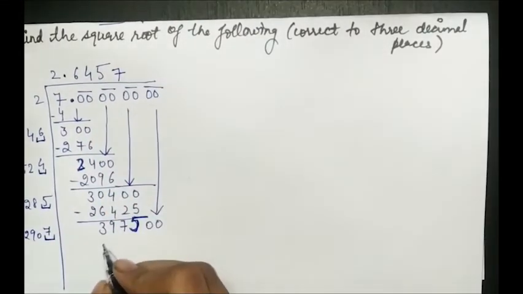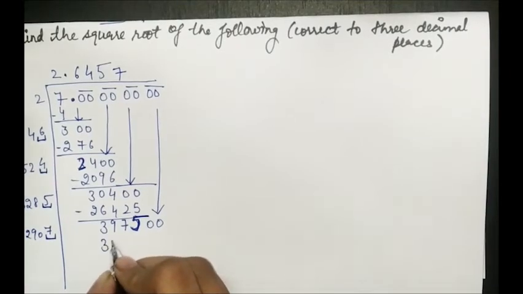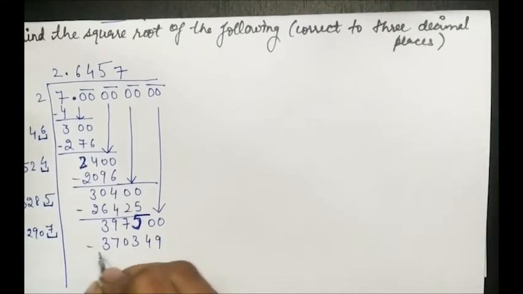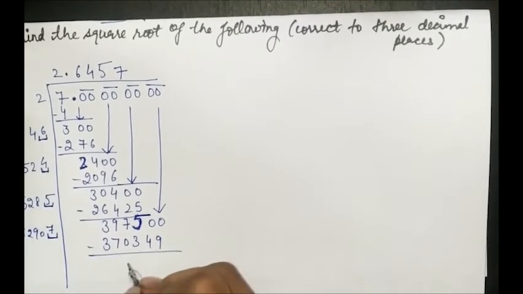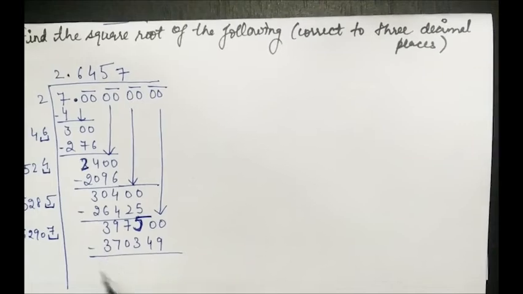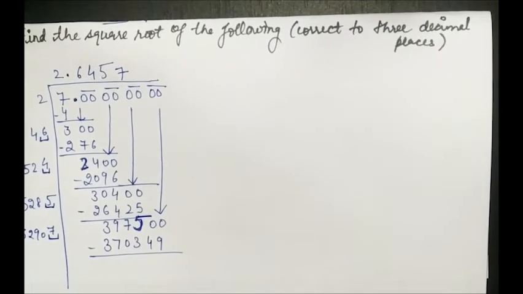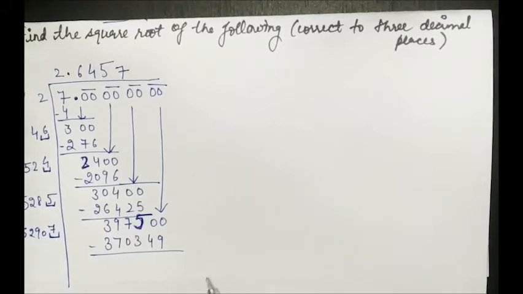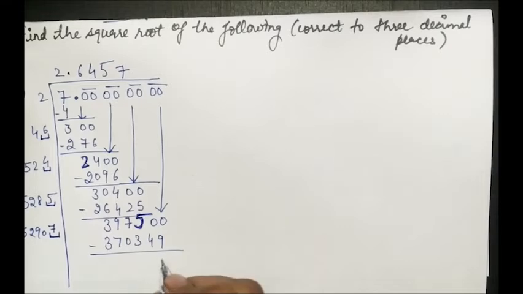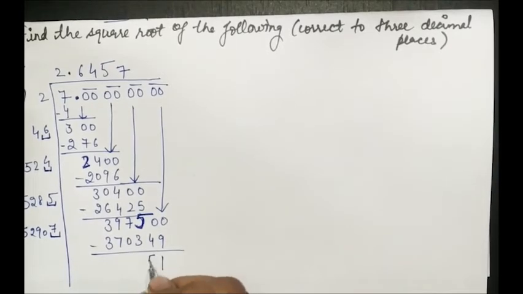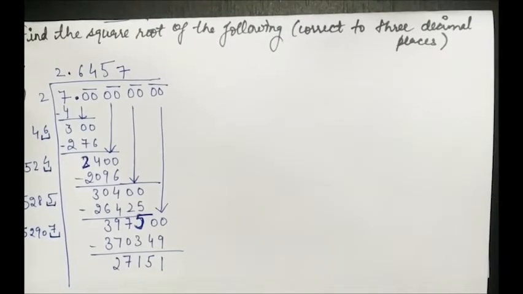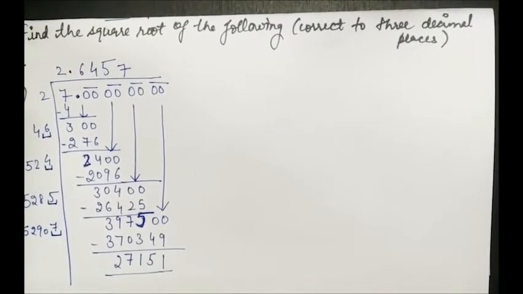So 7 means 37 and 0, 3, 4, 9. This is coming by multiplying. You can do it on your own by multiplying; I am writing it here so that the video will not go so long. So the answer will be 1, 5, 1, 7, 2. So this is the remainder.